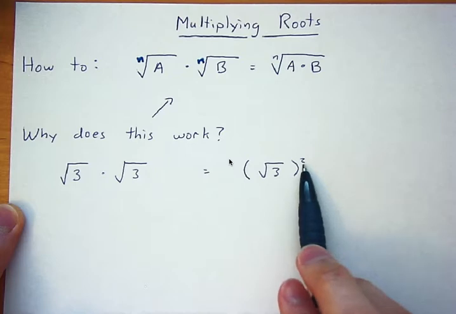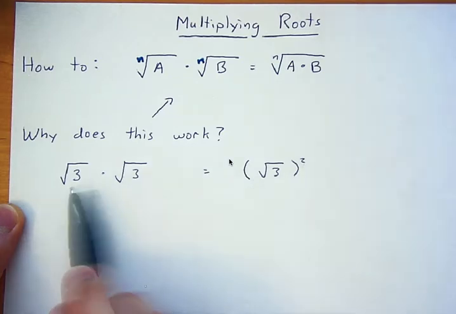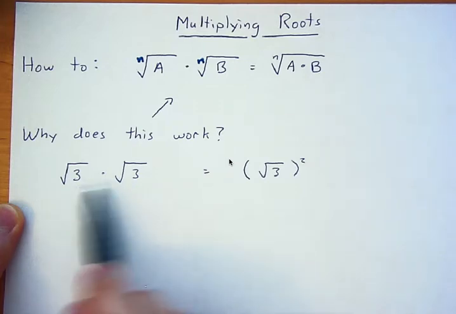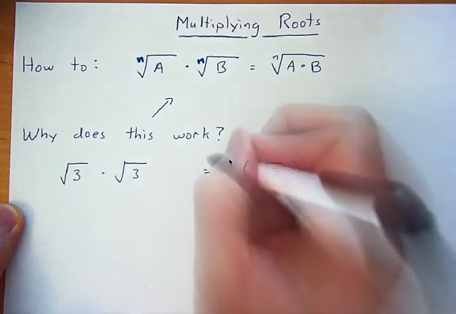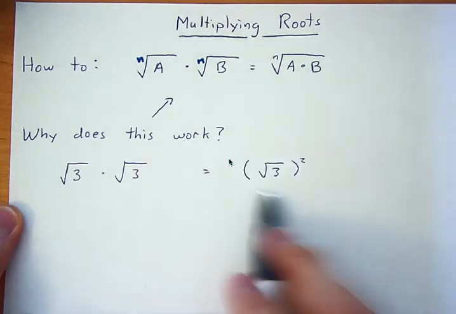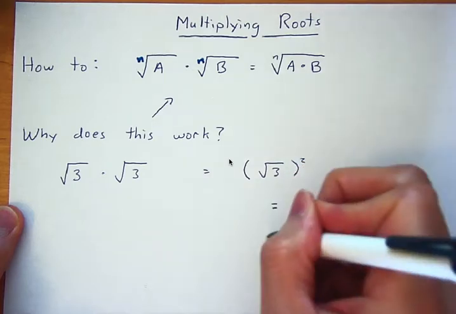This 2 right here just means the thing inside the parentheses is happening 2 times and they're being multiplied together. So I know this one and this one are equal. All right, and I also know that this right up here is equal to 3.